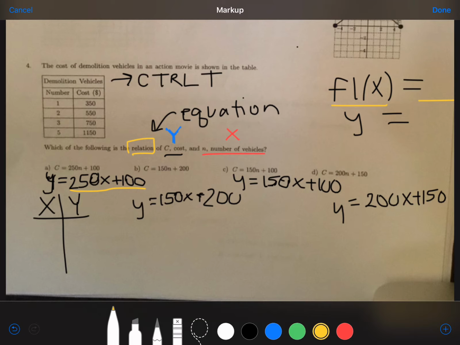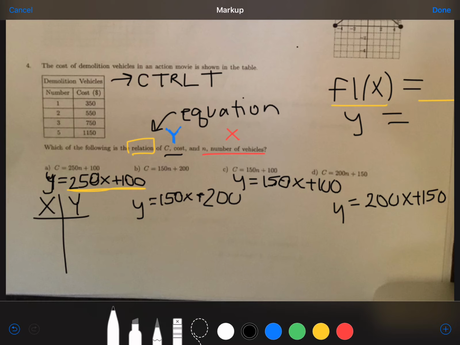So after you type in 250X plus 100, you go ahead and press enter. It's going to look like this real funky little line, but we're not really caring about the line right now. What I want you to press is Control T, pull up the table. Once you press Control T, the first thing you're going to see are points that match this equation. The first table that you see, we're going to mark those values down on our paper to show our work.